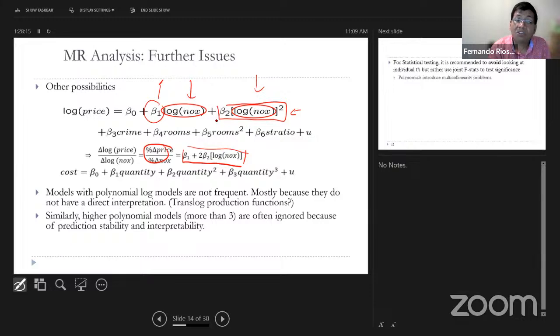if we include the logs of something, we do not include this most of the time, except for production models. If you look into the literature and look into what translog production functions are, they try to include squares and interactions of variables that are already in logs.